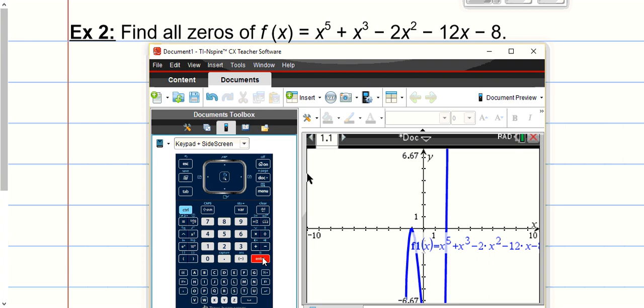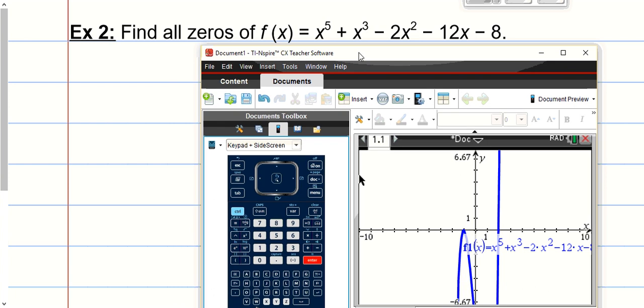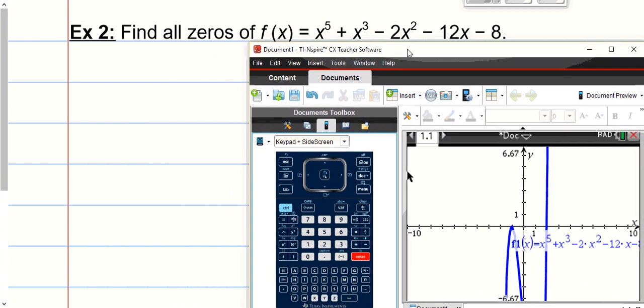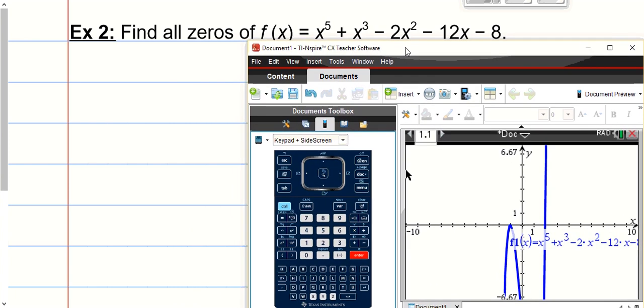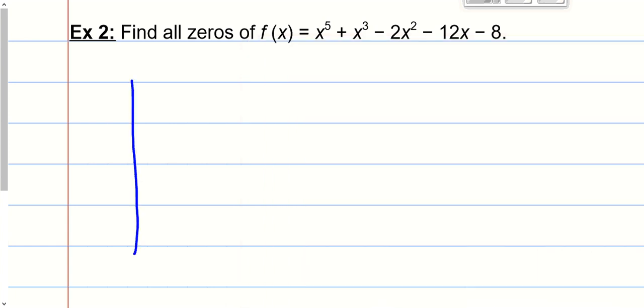So that graph right there, let's draw a sketch of that graph on our paper. You do not have to use graph paper for this. This is simply a sketch.